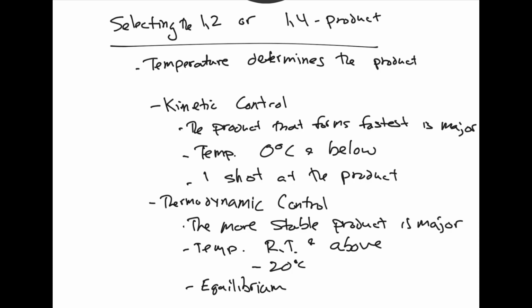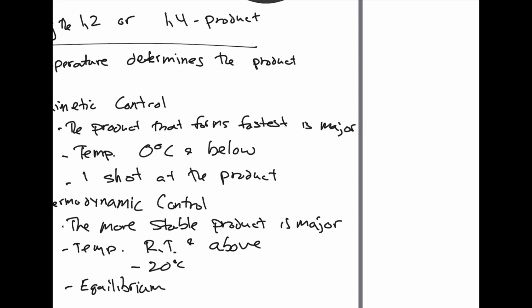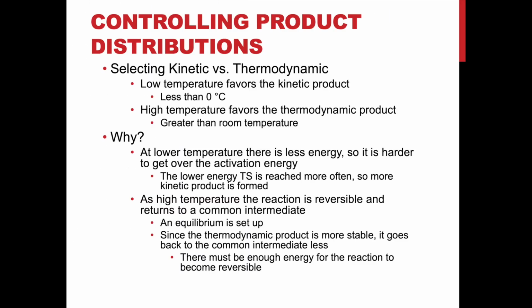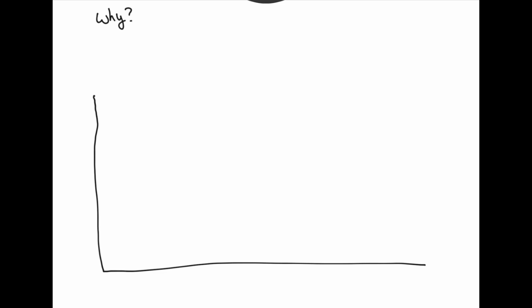So why does all this work? We're going to revisit what I'm assuming is one of your favorite things from Organic 1. You know where I'm going? Reaction coordinate diagrams. Woo! So remember, the y-axis is energy. The x-axis is reaction progress.